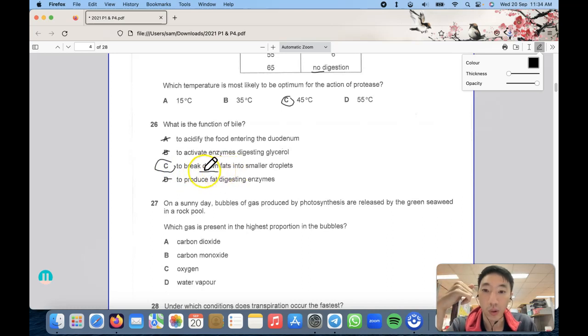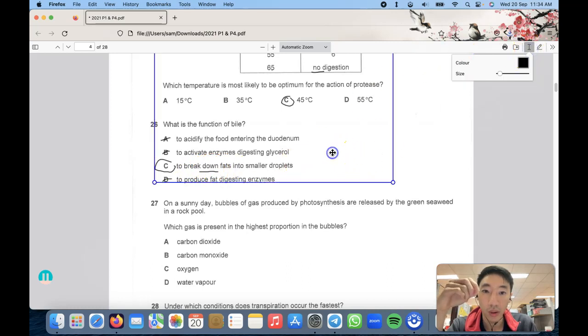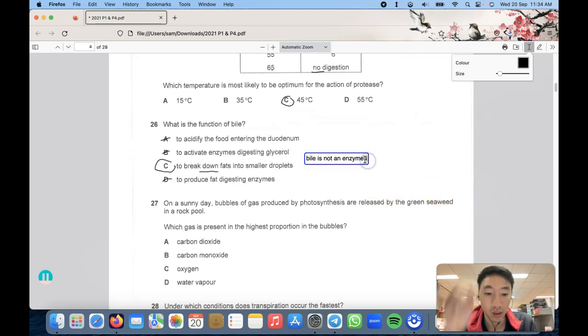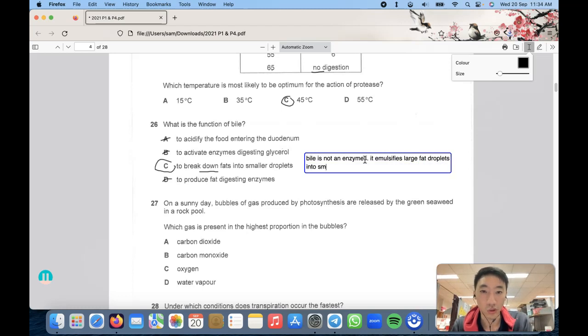I tend to reserve the word break down for enzymes, and we know that bile is not an enzyme. It's just a liquid that actually helps to emulsify. It emulsifies large fat droplets into smaller fat droplets.